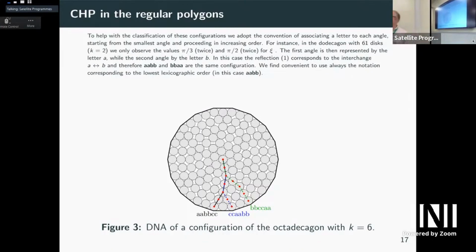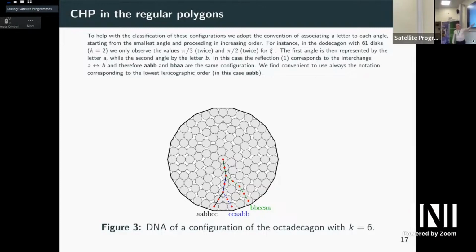One other thing that is very important to keep track of the result is to use a notation. The notation that we are using is a lexicographic notation, which means that we are going to call a segment of kind A when its angle psi is the smallest possible in the set, of kind B when it's intermediate, and kind C when it's the largest.